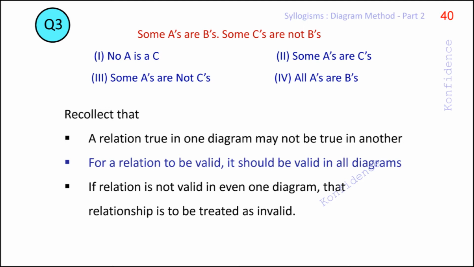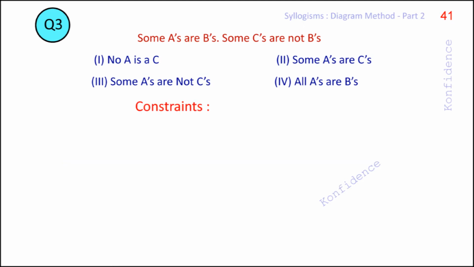Let us go ahead and combine the two premise diagrams in question Q3 and see which among the four given conclusions are valid. What we shall do is to move the premise diagrams around, keeping the constraints in mind, and check the validity of each of the given conclusions as we move them around. What are the constraints here?